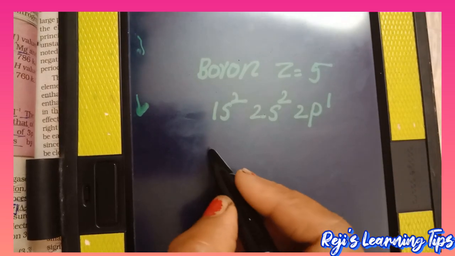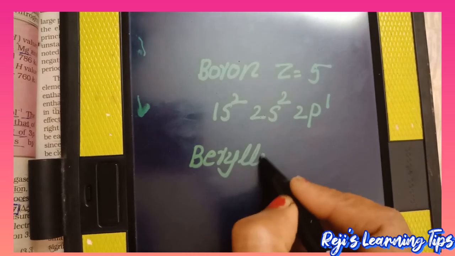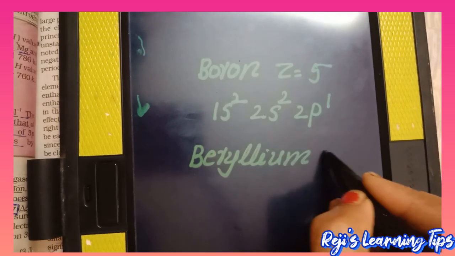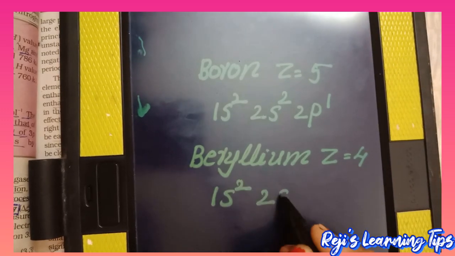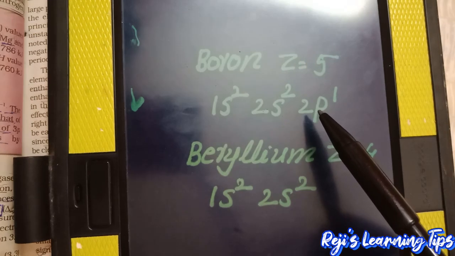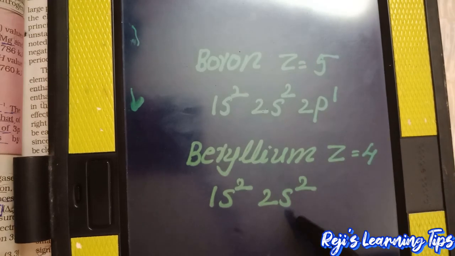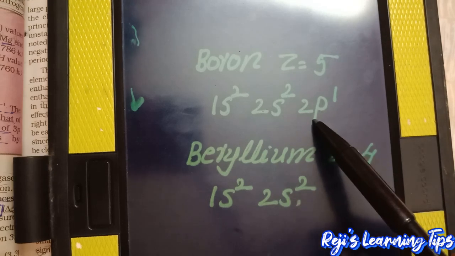But in the case of beryllium, Z is equal to 4, here 1s2, 2s2. If we consider the principal quantum level, an s electron is attracted to the nucleus more than a p electron.